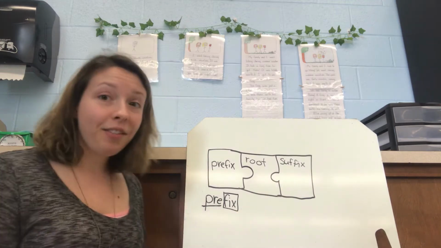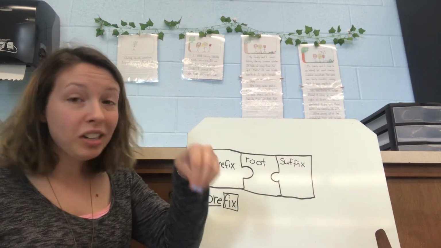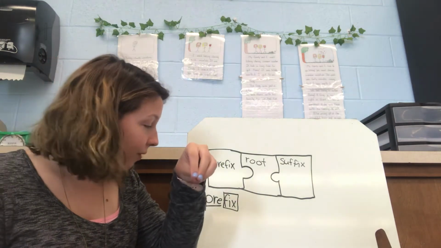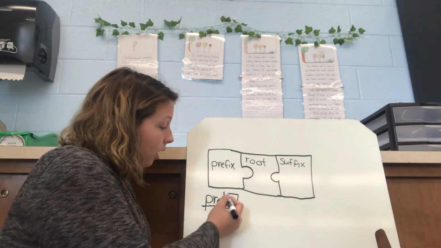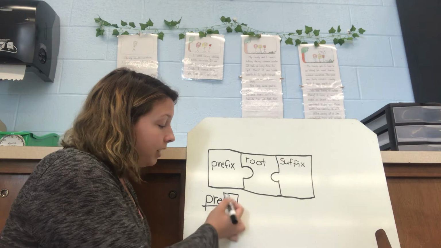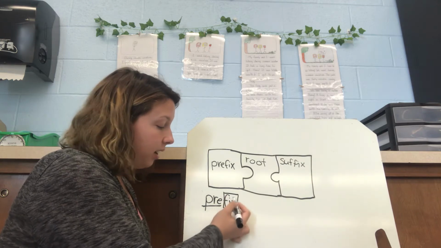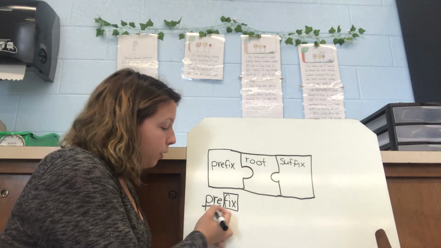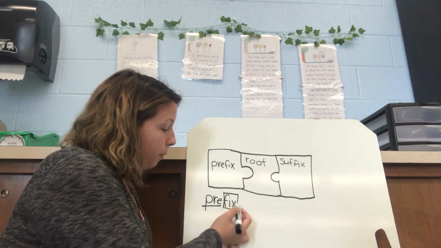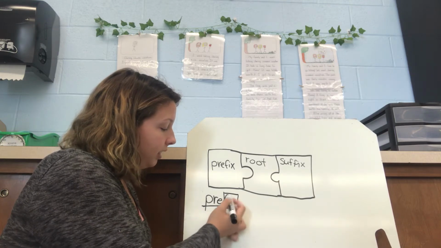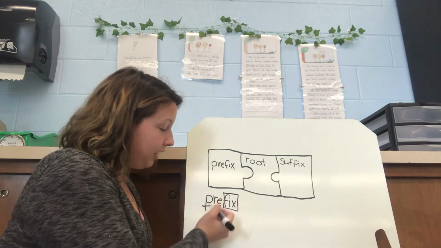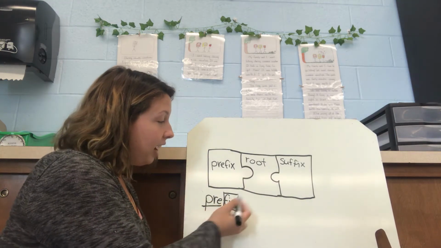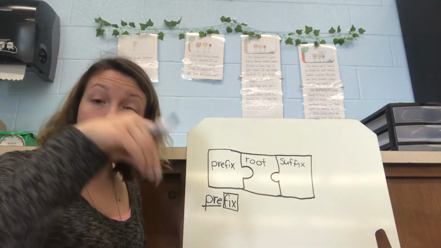So let's think of fix in that way, that something is where it's supposed to be and it's not going to move. If we think of prefix that way, then we can think of it as the part of the word, where it's fixed or where it's kind of stuck, and this goes before it. So prefix is the part of the word that is stuck before everything else. So pre means before, and fix means that's the place where it's stuck or where it's fixed.